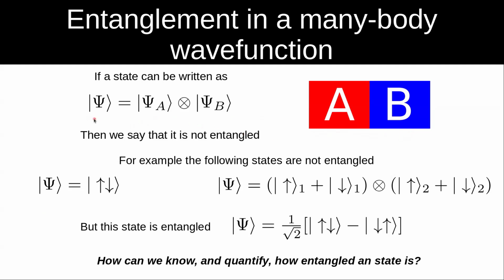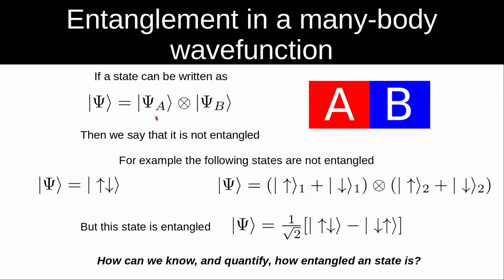Of course, not all the quantum many-body ground states can be written in this way. Only some of them are actually a tensor product of 2 states. But if this is the case, if we have a many-body state that is a tensor product of 2 independent states, we say that the system is separable, that it's not entangled.